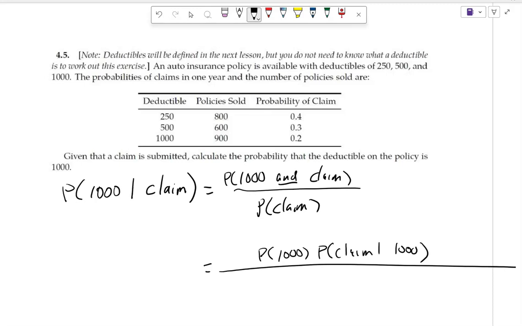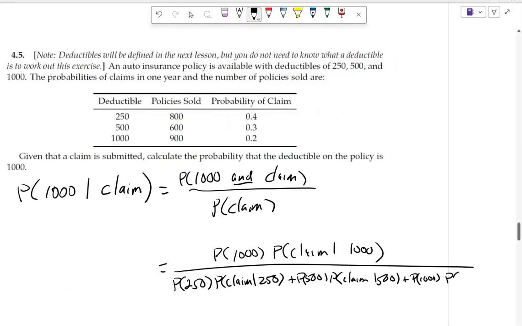I want claim when I'm done. So it would be probability of 250, probability of claim given 250, probability of 500, probability of claim given 500, probability of 1,000, probability of claim given 1,000.